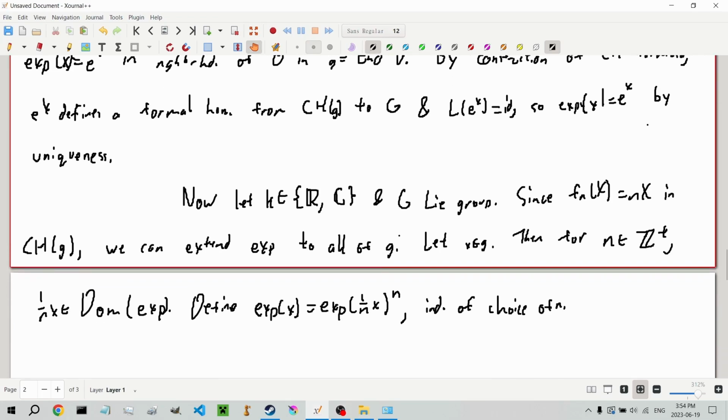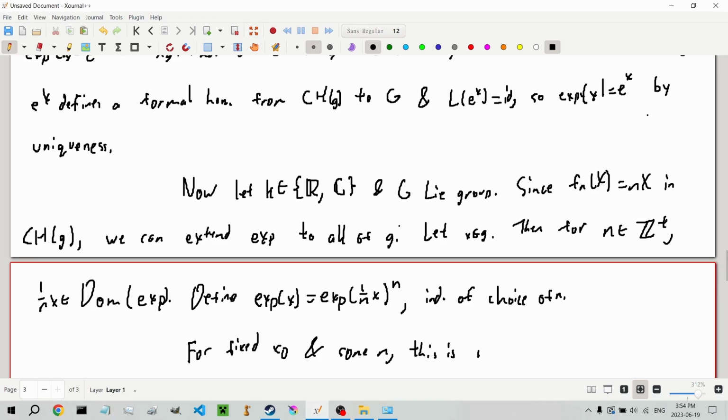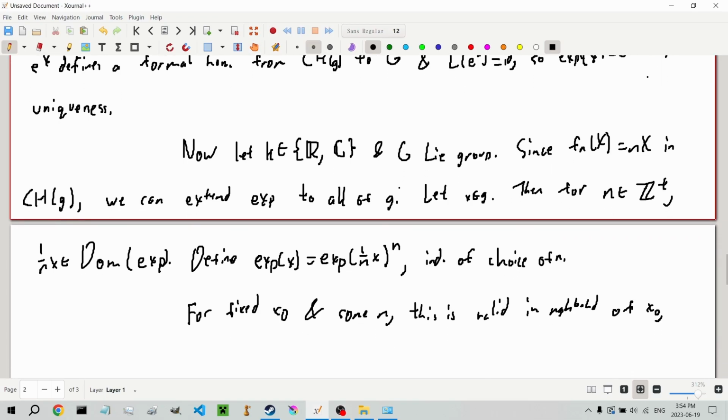Now, for fixed x0 and some n, this formula is valid in a neighborhood of x0, which makes exp analytic.